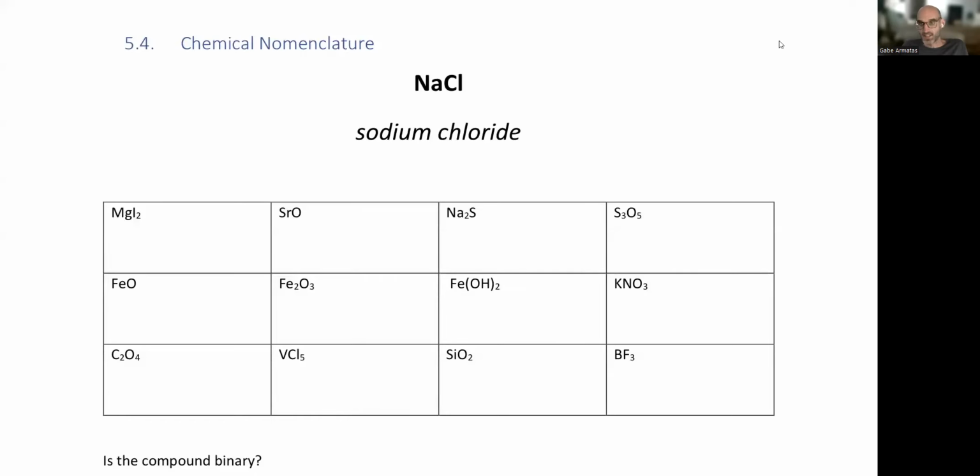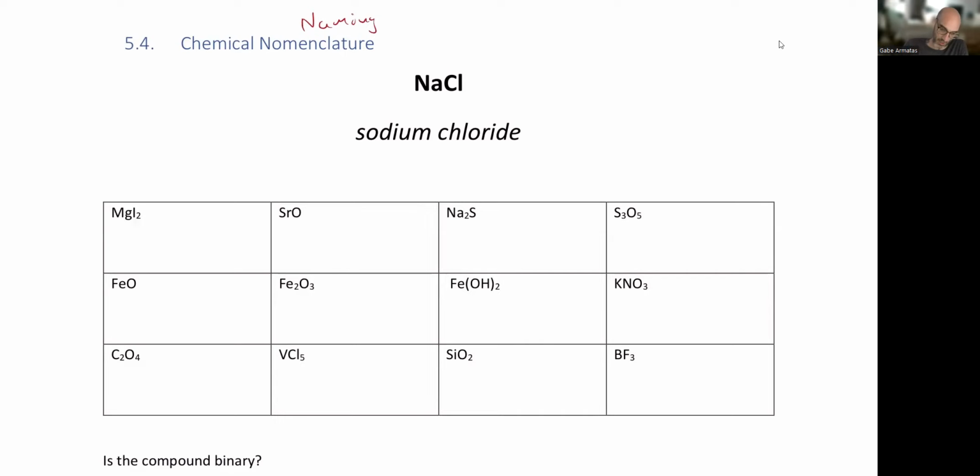Okay. The last section of the chapter is chemical nomenclature, or essentially chemical naming. There are a bunch of rules that I'm going to put in place here, but ultimately, the system of naming things is super easy. When you have a compound, regardless of what it is, there are a couple of different types.